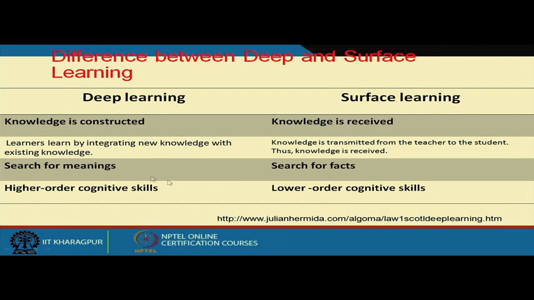Learners learn by integrating new knowledge with existing knowledge in the deep approach. But in surface learning, knowledge is transmitted from the teacher to the student. They are just receiving it. So this is the difference from the knowledge point of view for the deep learner and the surface learner.